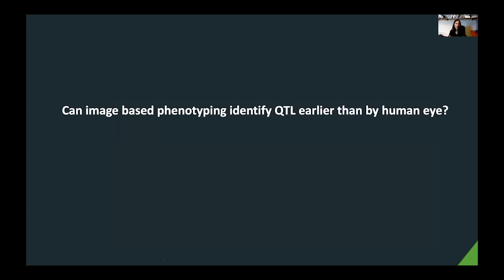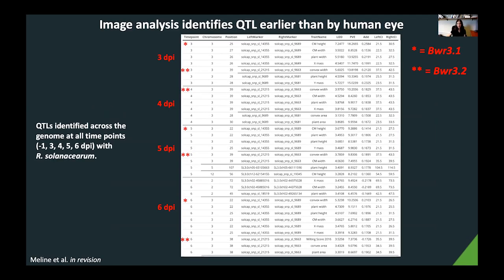So one of the questions that we were particularly interested in was whether image-based phenotyping can identify QTL earlier than the human eye. And so, yes, it can. So again, there's a lot here. If you look down here first, this is what we were just looking at. Remember that we had taken images at 3, 4, 5, and 6 days post-inoculation, also the day before. And so we ran our QTL analysis on each of those days. And here is BWR 3.2, that's the 2 stars.